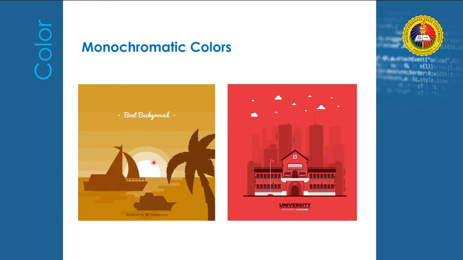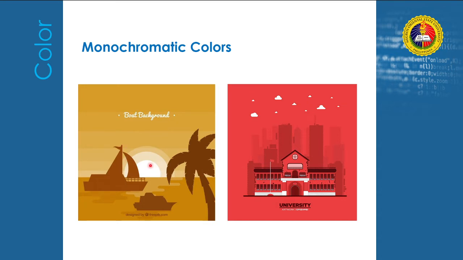So we have light orange to dark orange. Another example is this one. It uses red as the base color and uses monochromatic colors of red to fill up the entire graphic design. Still it looks very good depending on the emotion that you're trying to evoke.